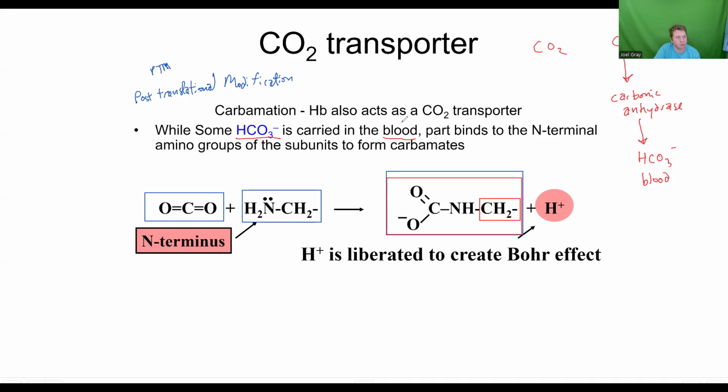Okay, that's with the help of carbonic anhydrase. Check. Some of that other HCO3 is going to bind to the N-terminal amino groups of the subunits to form carbamates. So the CO2 can also go to carbonic anhydrase and go on to form a carbamate. And then, sorry, it would be a third outcome where some CO2 will react with the N-termini of our protein to form a carbamate.